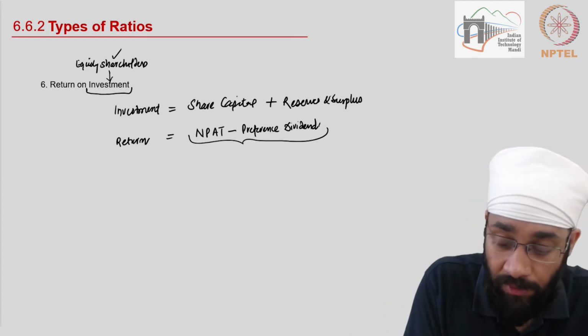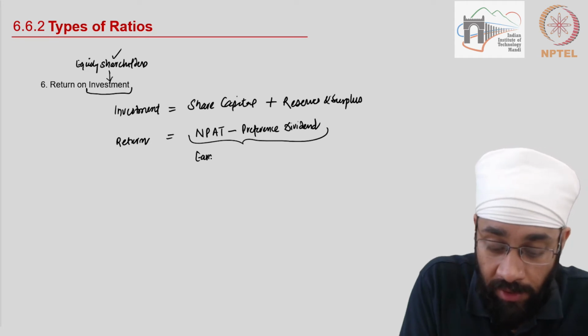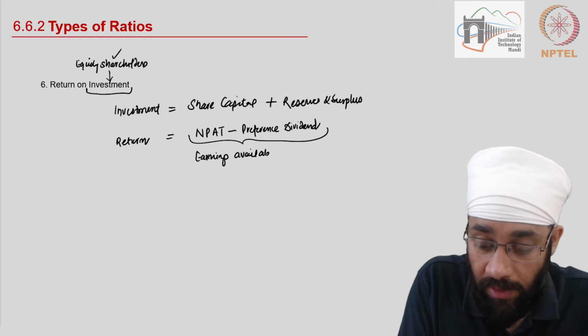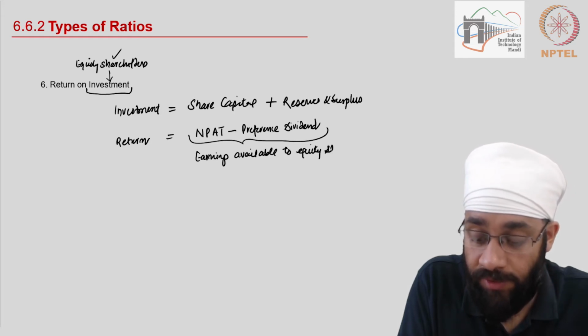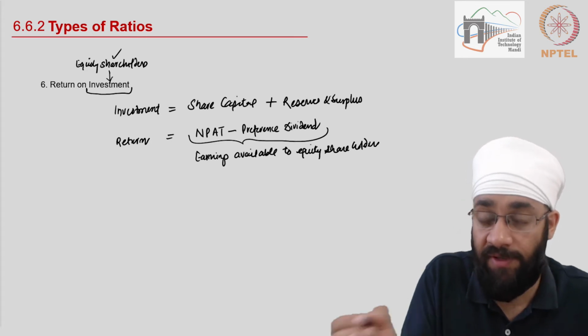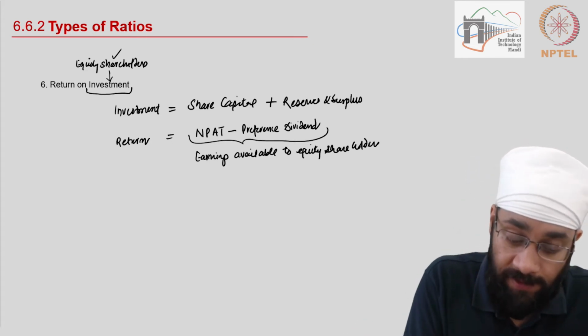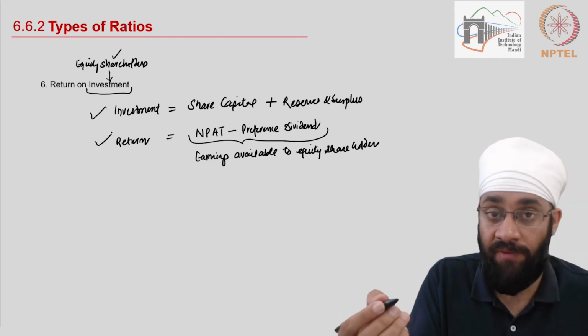So this amount here is called earnings available to equity shareholders. So equity shareholders versus the preference shareholders. So you have the investment and you have the return both.